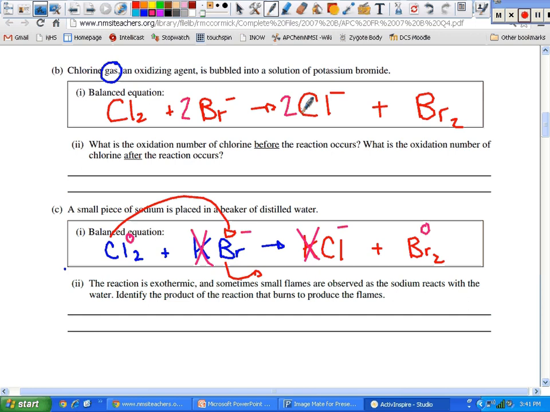What is the oxidation of chlorine before the reaction? Well, before, what was it? 0. Any element in the atomic state is always going to be 0. And after, what was it? -1. Now, where did that come from? Cl minus.